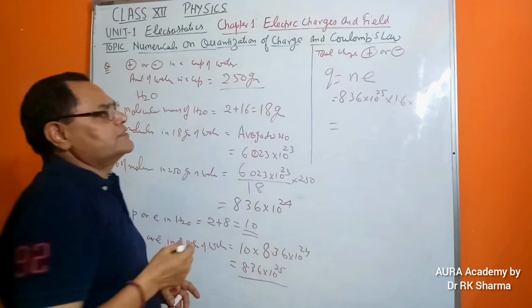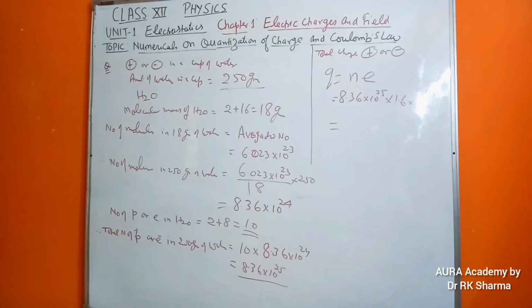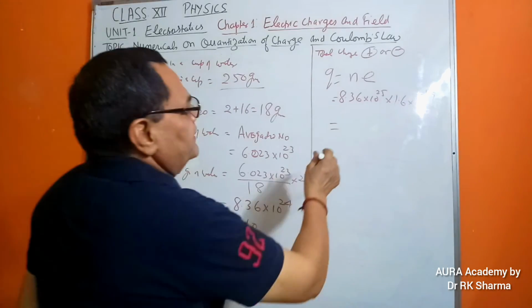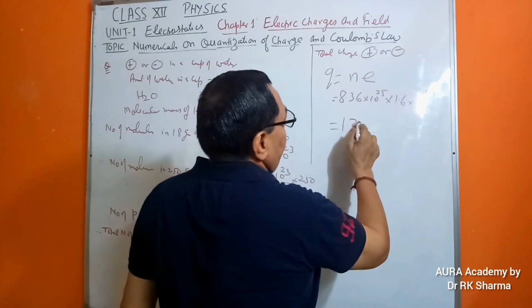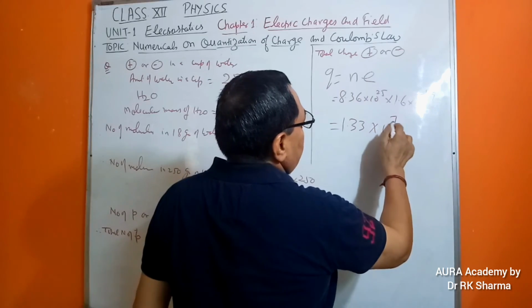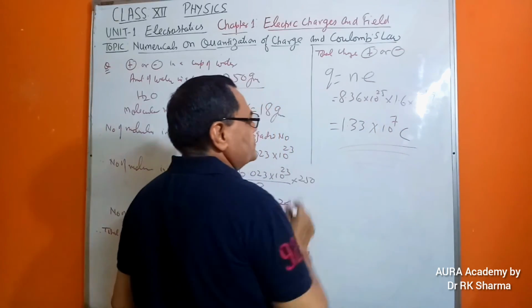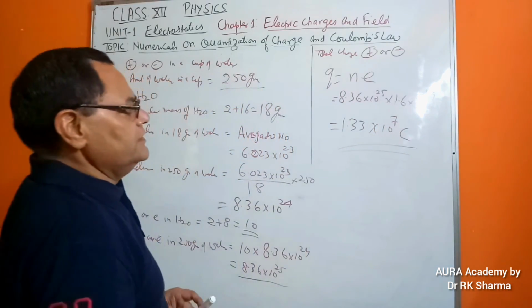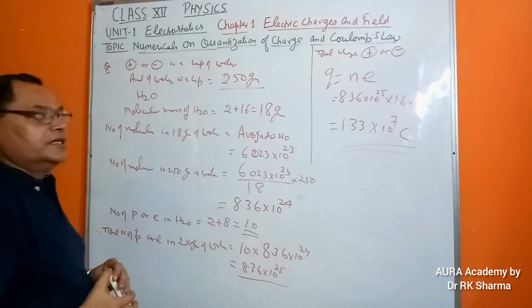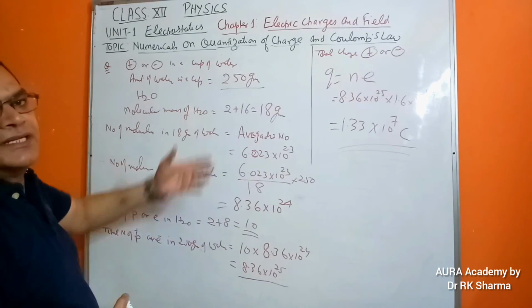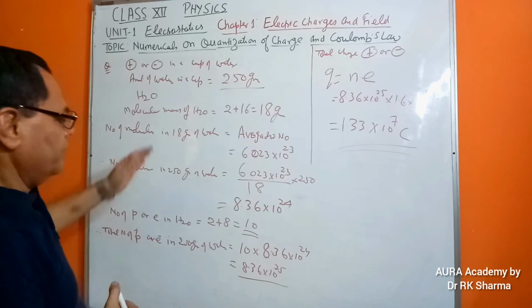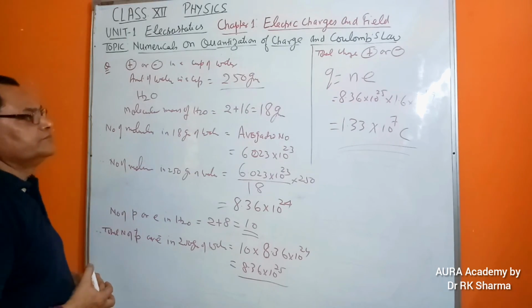Just simplify this, how much will you get? We will get nearly 1.33 into 10 to the power 7 coulombs. So this is basically the answer. Clear? It was very important and is given in NCERT as well, so it is frequently asked in examinations.